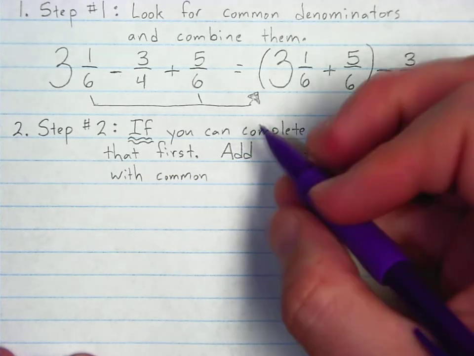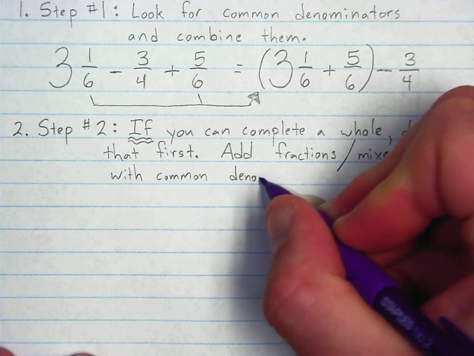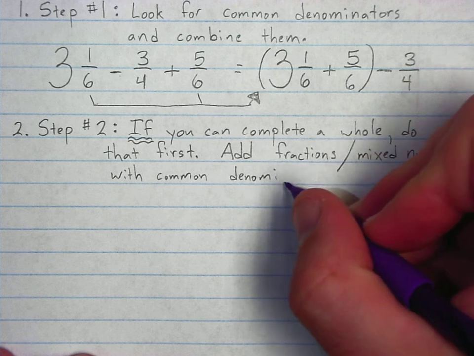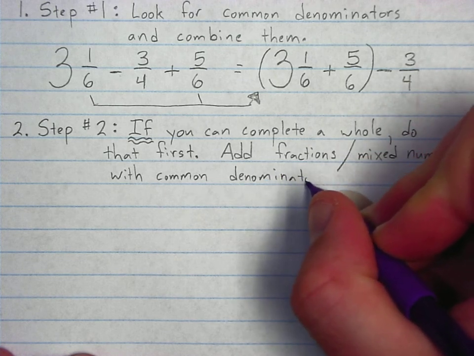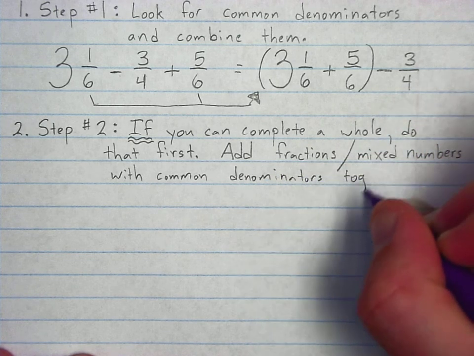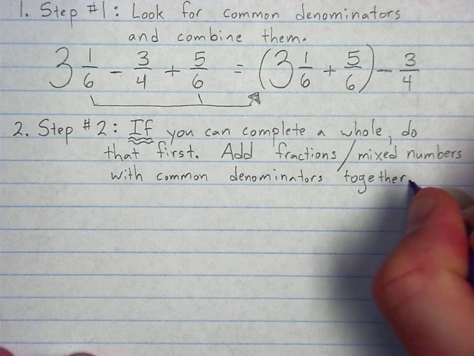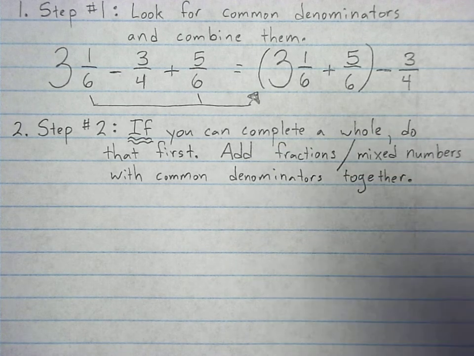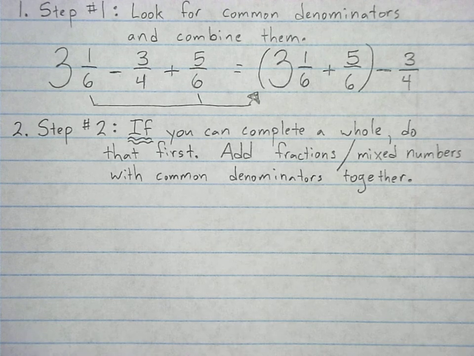Take those ones with the common denominators and put them together. Combine them, add them. Common denominators together. Now, after I wrote this, I realized I probably could change that to add or subtract, but it's usually going to be addition. So I'll leave it for now. All right.